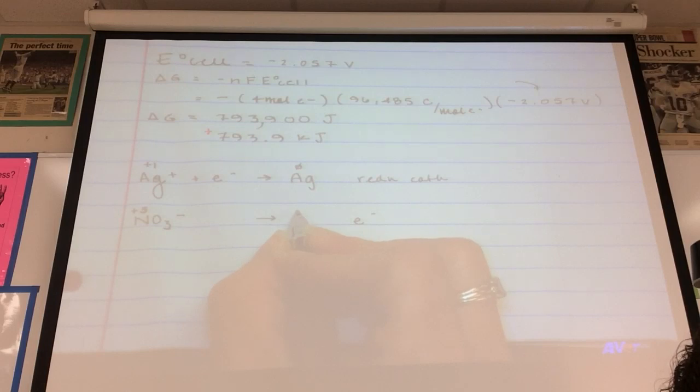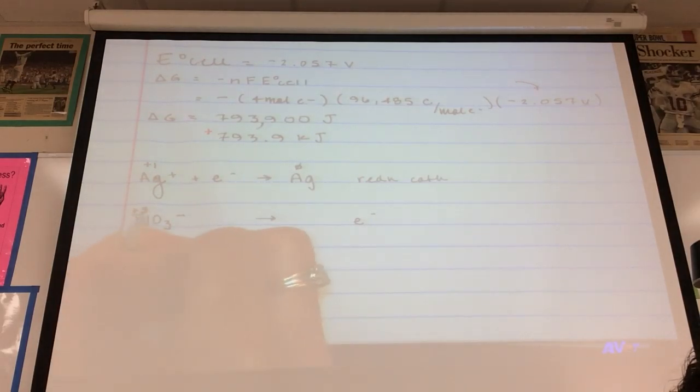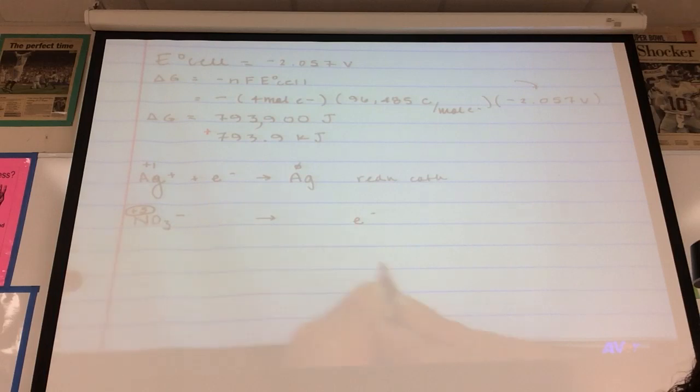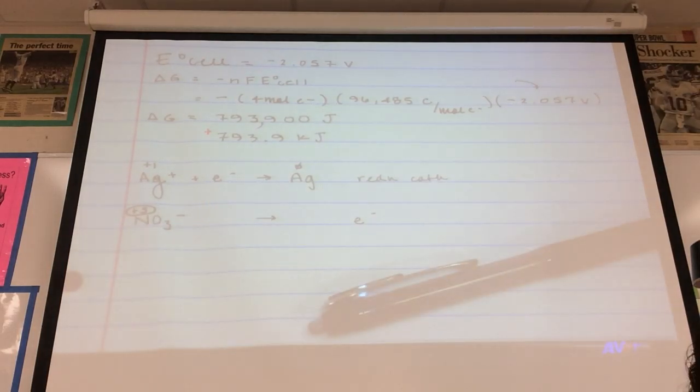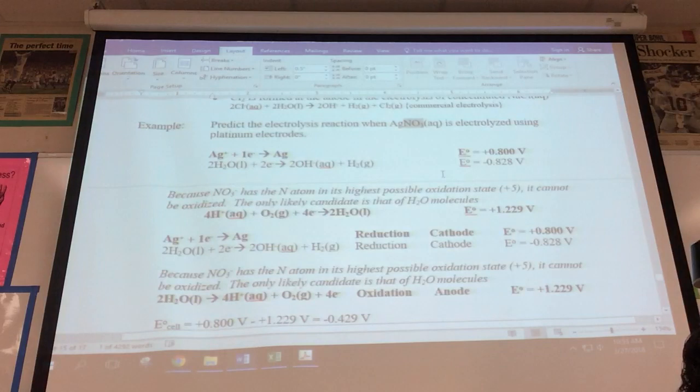However, this is the greatest oxidation number for nitrogen, so it can't undergo oxidation, so you don't consider that reaction. And this is tricky because I don't think you'd ever be asked this.